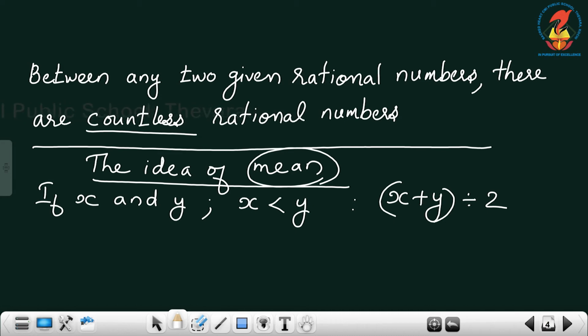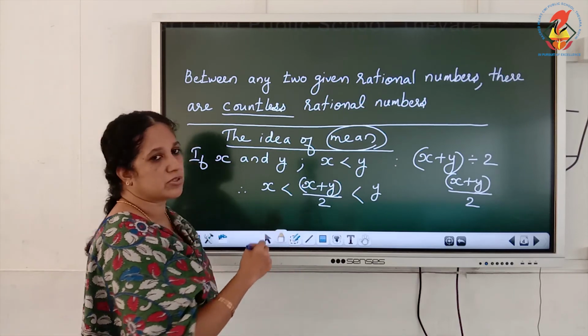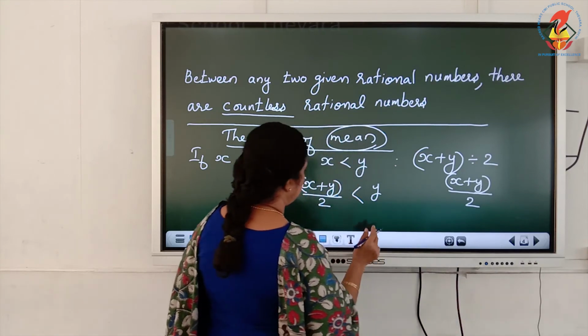Here we have two numbers, so find the sum divided by 2. Therefore we can say that x is less than (x plus y) divided by 2, which is less than y. In this way also we can find rational numbers between two given rationals.